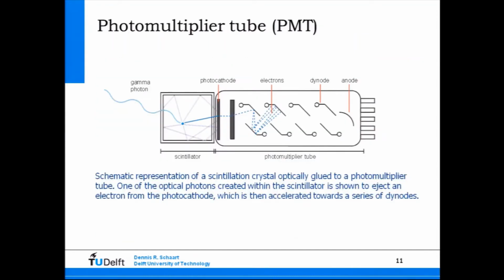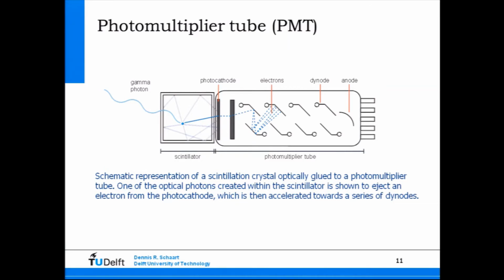So, what you already showed, the photomultiplier tube, that is still the photosensor that is most often used to detect the optical photons. It's capable of detecting single optical photons, and in a scintillation flash you might have a few thousand to perhaps more than 10,000 of those optical photons.